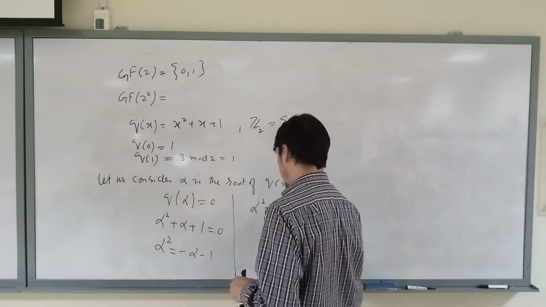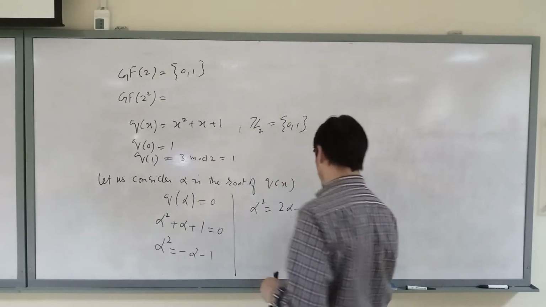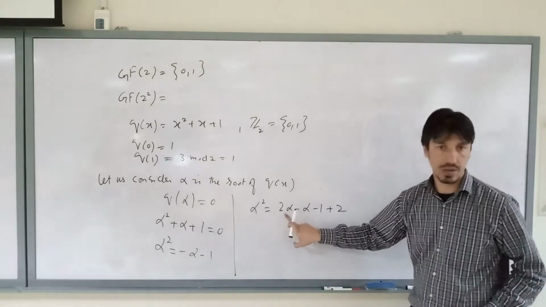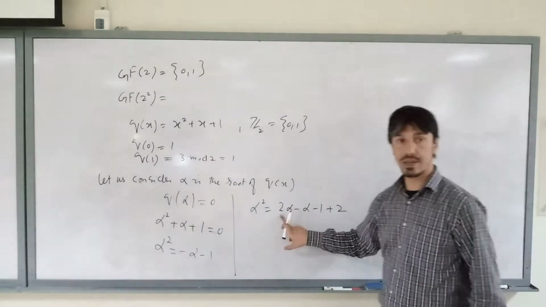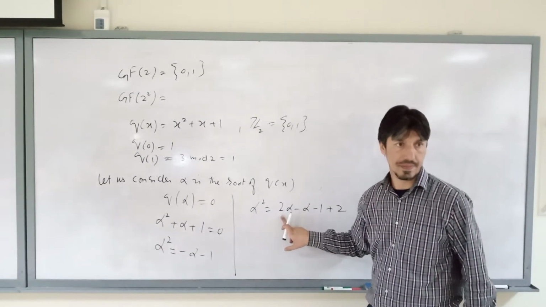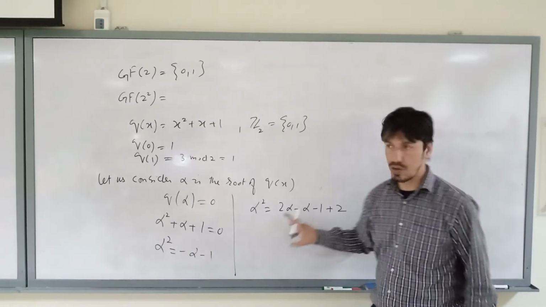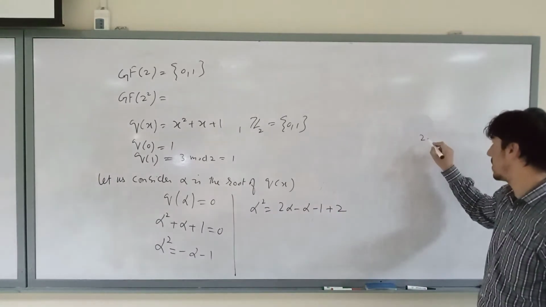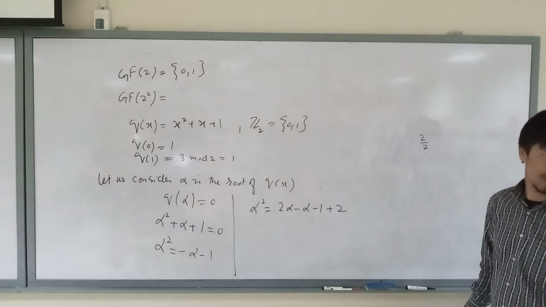Alpha square 2 alpha minus 1 plus 2, under mod 2. 2 alpha किसके equivalent है? This is 0, because if we divide 2 by 2, the remainder is 0.